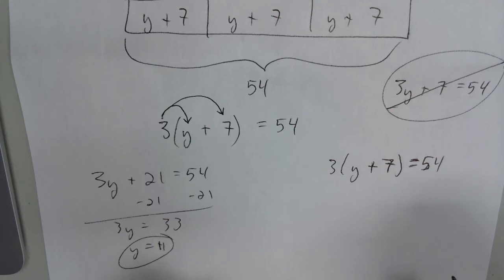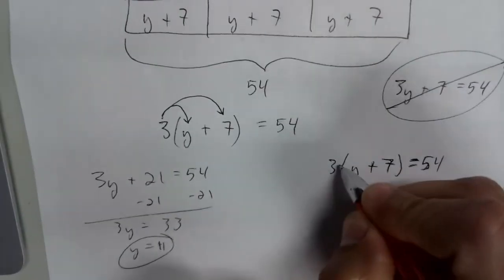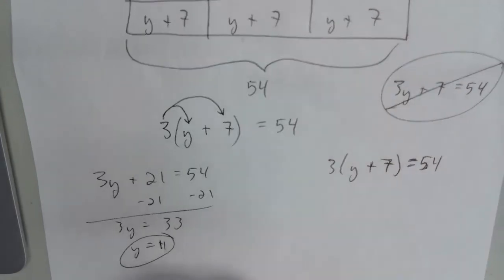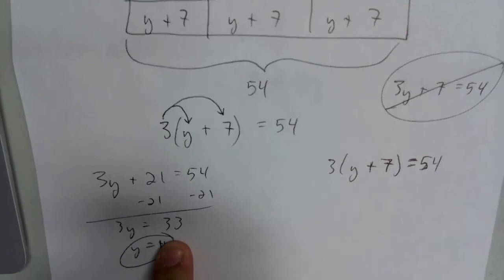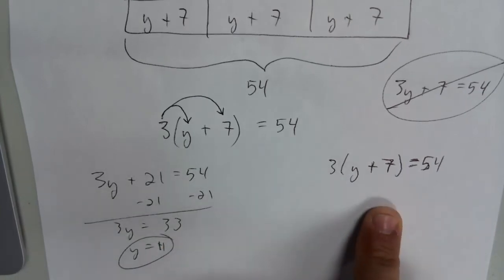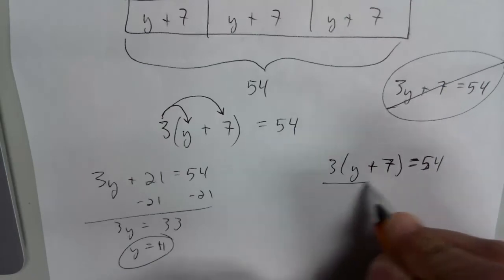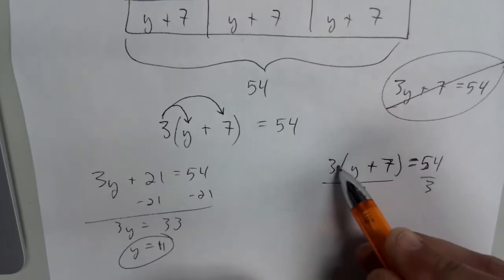Multiply. Okay, but if instead I chose to cancel it somehow, how would I do that? Divide y plus 7 by 3. Divide both sides by 3. So instead of distributing to get rid of the parentheses, which does work and always works, you can choose instead to divide both sides by 3, because this 3 is multiplying this quantity.